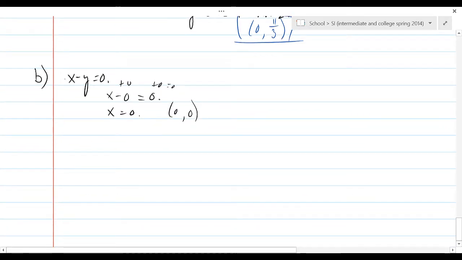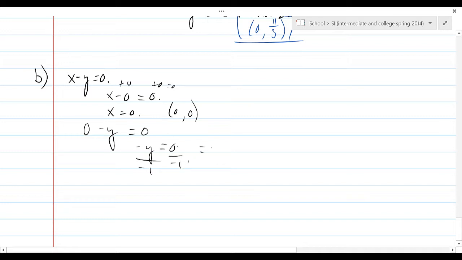Now let's find the y-intercept by setting x equal to 0. So we get 0 minus y equals 0, or negative y equals 0. We can divide both sides by negative 1, and we'll get, what is 0 divided by negative 1?